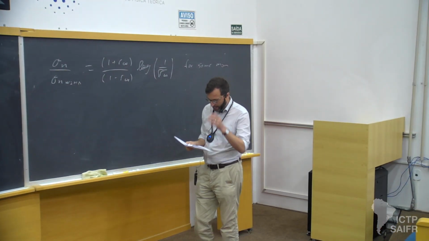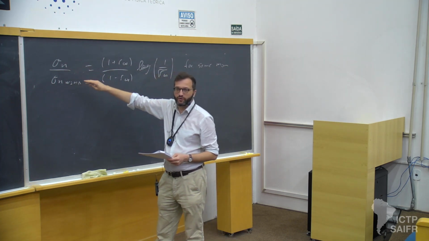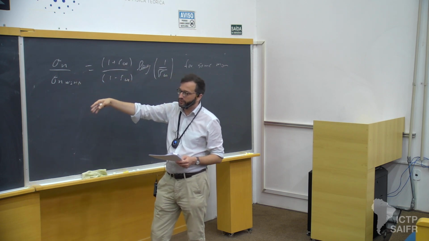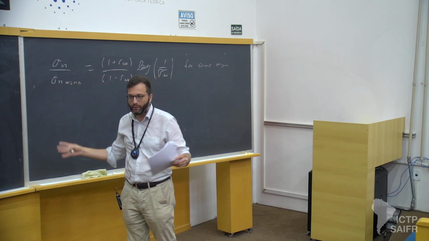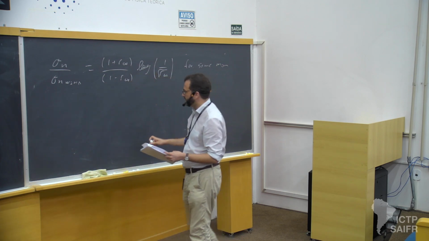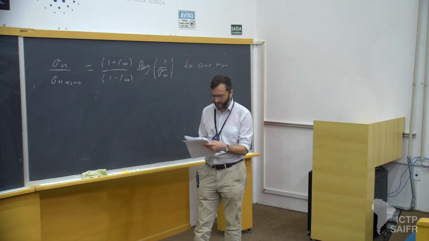Okay. Now, we'll need a larger cross-section. So depending on R infinity, we'll hit the unitarity limit at a lower mass, okay? And it's just a simple exercise, but I'll just give you the result in the interest of time.